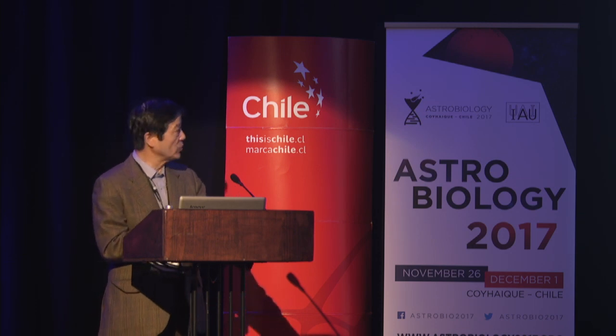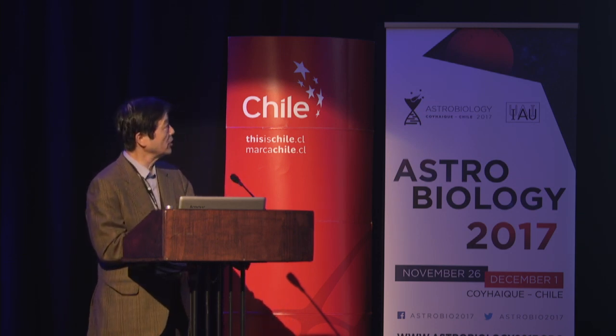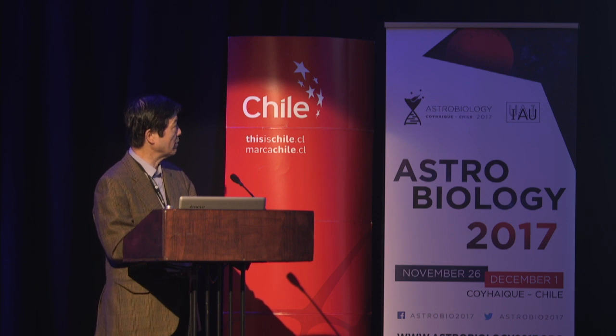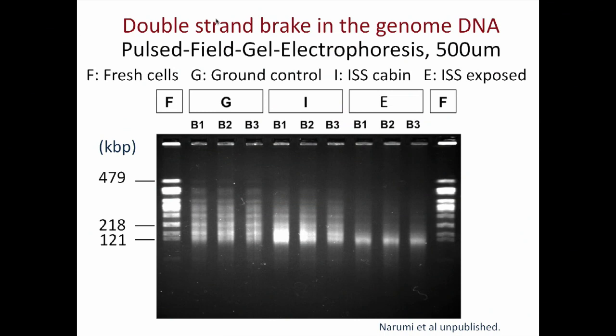But if you carefully analyze the larger DNA at the genome level, we could detect a little difference. For example, this is the fresh cells prepared, and each white band shows a DNA fragment ranging from approximately 500 genes to 100 genes.